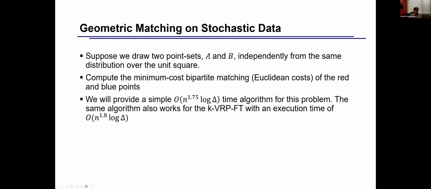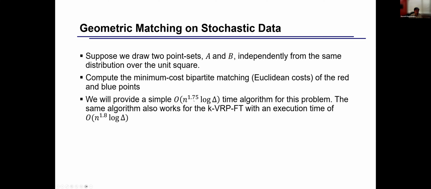The first set A is the set of endpoints sampled from this distribution. B is another set of endpoints sampled from this distribution. My goal is to compute the minimum cost matching between these two sample sets. So that's the stochastic version of the geometric bipartite matching problem.